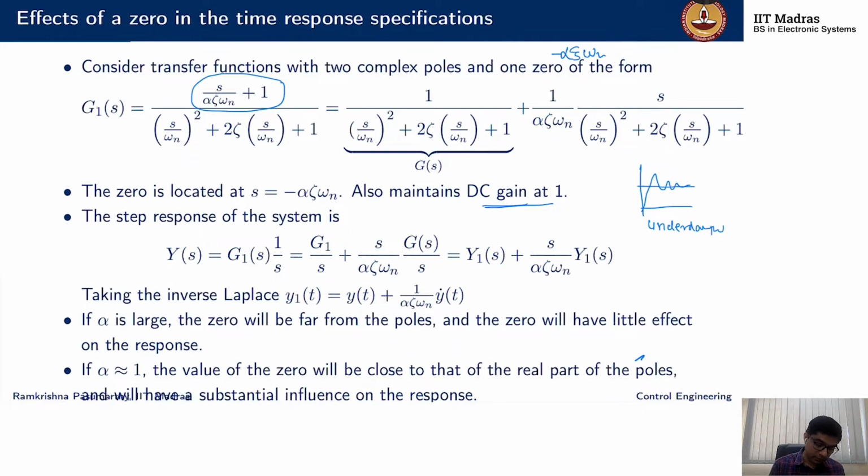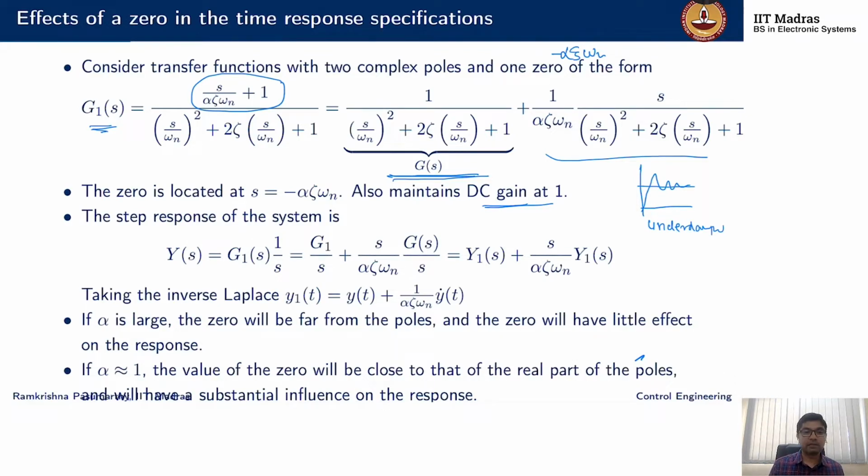If I call this G1(s), I have the original G without a zero, and now the total G1 is the sum of this plus this. There is nothing special here.